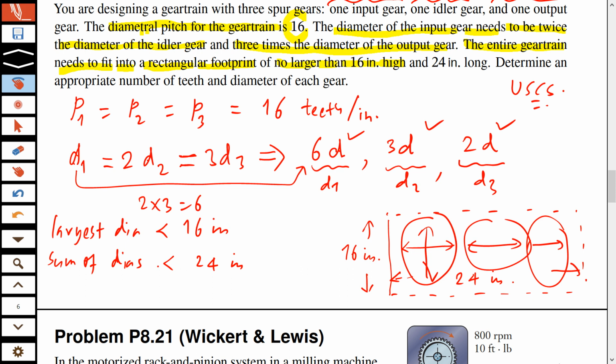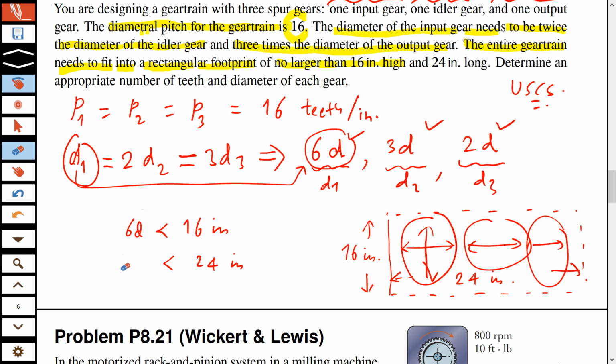Now, what is the largest diameter? The largest diameter is D1, or more conveniently 6D. So 6 times D must be less than 16 inch, okay? You can remove this for clarity. Now, what is the sum of diameters?